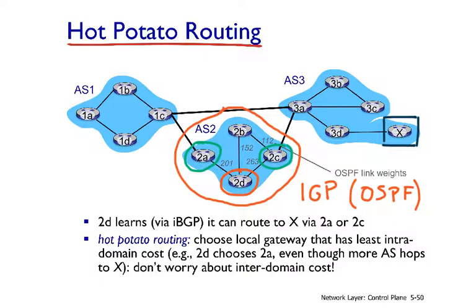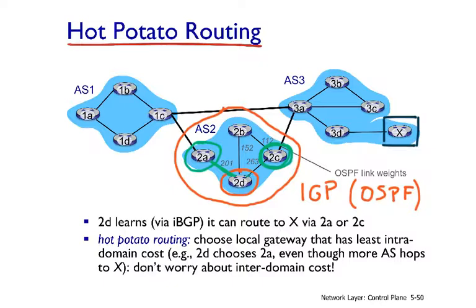Which one to select, 2A or 2C? We have to select the one with the least cost path. In this case, we are going to select this option, because we have a cost of 201. Instead, if we want to exit by means of 2C, we have two options.